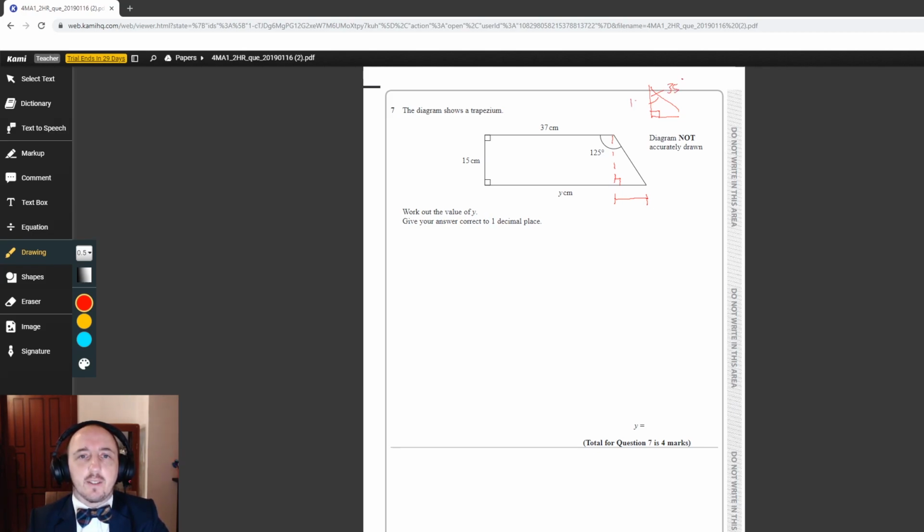We have a side length of 15 and the opposite of the angle is what we want to find out. So we're going to use tan 35 equals opposite over adjacent. So that opposite equals 15 tan 35. Once we've worked that out, we can add it to 37, and that will give us our y. So it's 37 plus 15 tan 35, and make sure you put your answer to 1 decimal place.